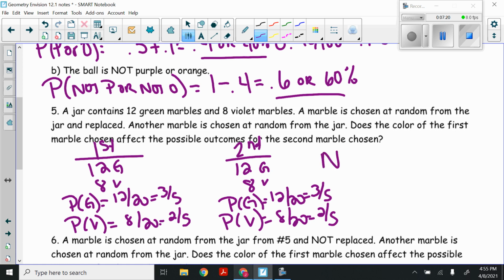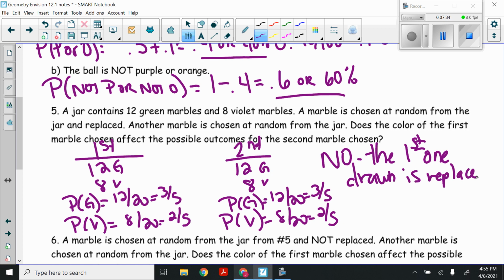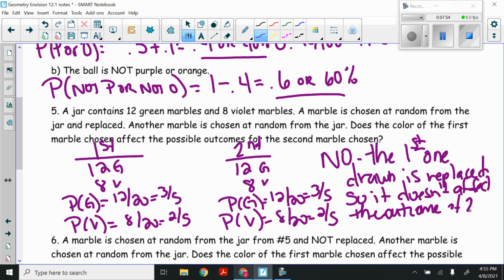So no, the first one drawn is replaced, so it doesn't affect the outcome of the second one drawn. Therefore, they are independent.